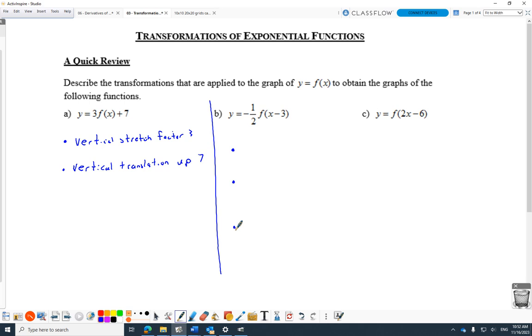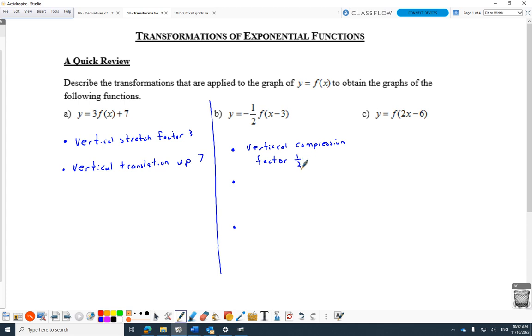But I think for most people this would be 3. First, a 1/2 out front. Vertical compression, because it's smaller than 1, it's going to make it smaller. Vertical compression, factor 1/2.